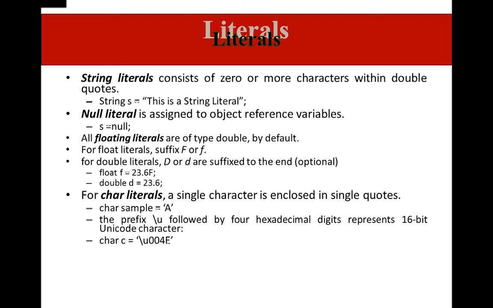Coming to the floating literals, we have something called f and d. If you put f at the end of the value, it could be a capital F or lowercase f, it means this value is going to occupy 4 bytes of storage.